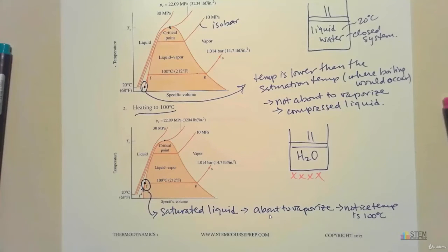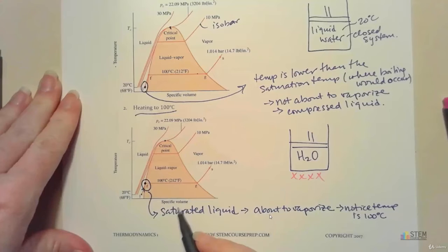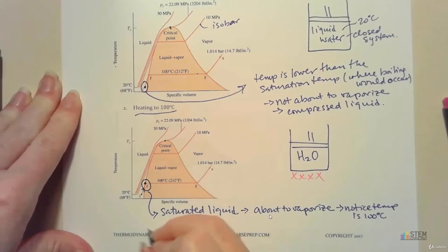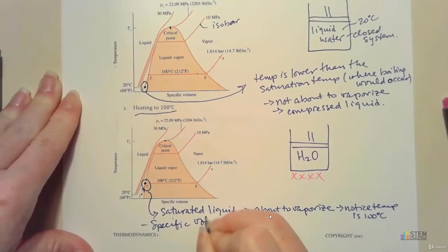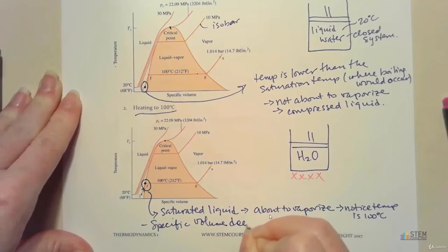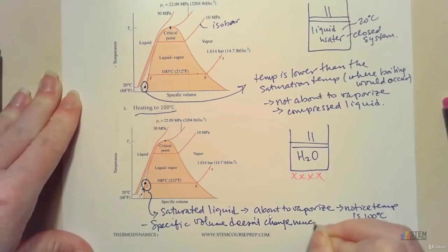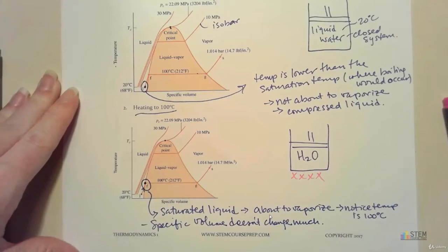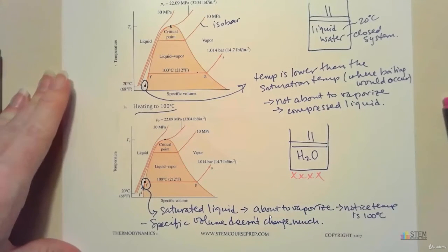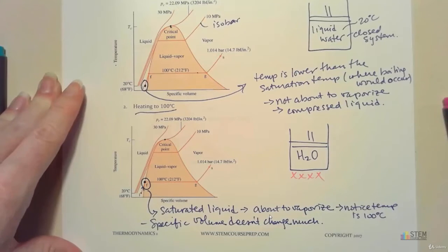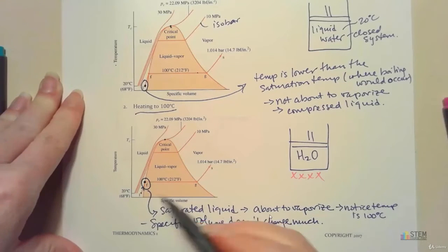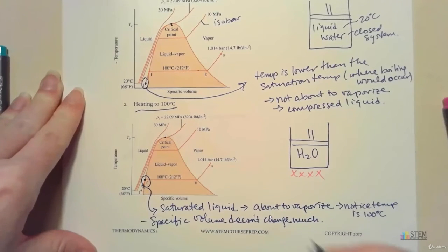Now, if you notice as we go from 1 to F, specific volume's not going to change too much. So let's put specific volume doesn't change much. And remember, specific volume is related to density. Okay. So that changes a little bit. Your temperature is increasing though. Okay.